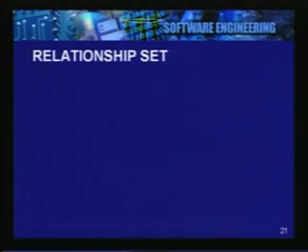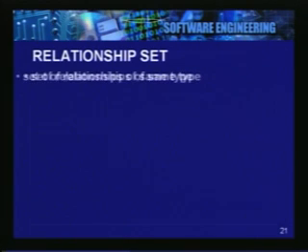Now again, we don't talk of specific relationship instances. We want to capture relationships of similar type, and this we do through the concept of relationship set. So this is same as before when we talked about entity and entity set.